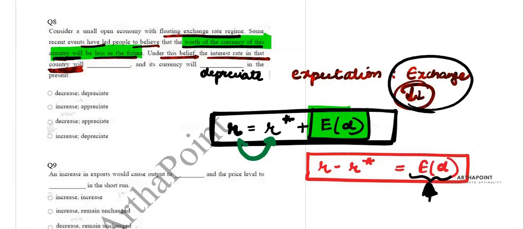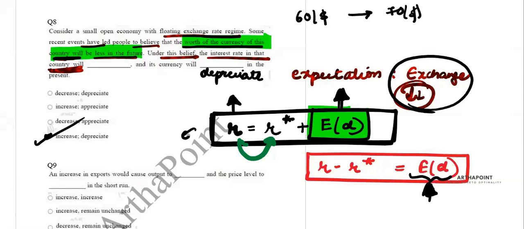So when my currency depreciates, it is going to mean that this value is increasing, isn't it? So what is depreciation of the currency? You are going from rupees 60 per dollar to rupees 70 per dollar. So this is increasing. So this will also increase. So the interest rate in your country will increase. The answer is this. This is coming from your Mundell-Fleming model completely.